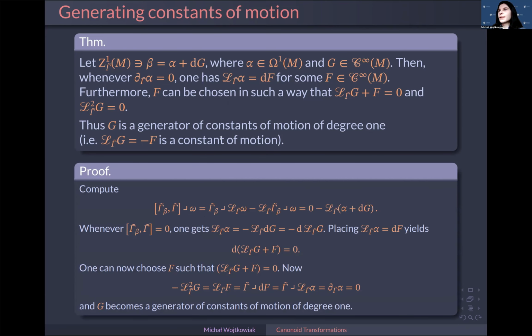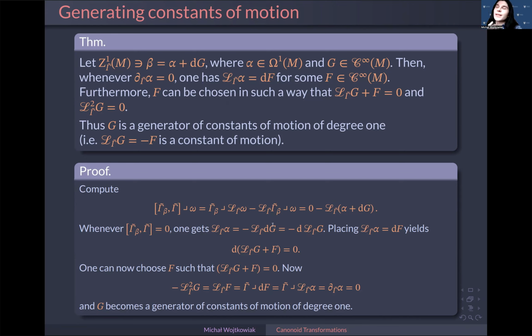Here the proof is slightly longer, but again we use the well-known technique of contracting the commutator with the symplectic form, and some terms vanish. We get a Lie derivative along gamma of this quantity. And if the commutator vanishes, then we can define a function such that its differential is the Lie derivative of alpha, and the differential of that quantity will be zero.